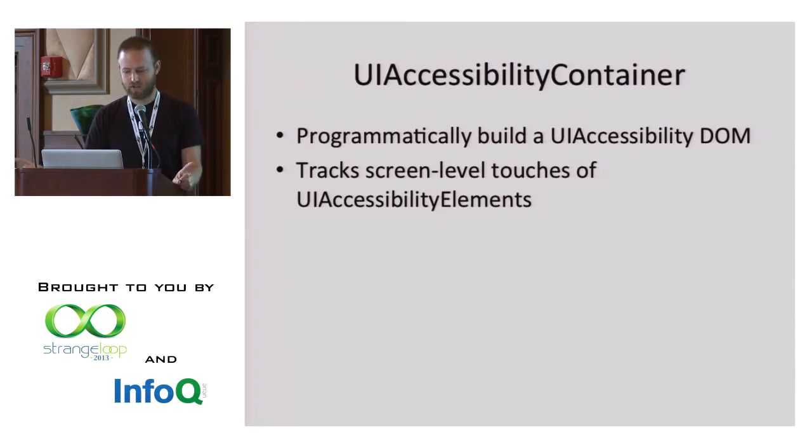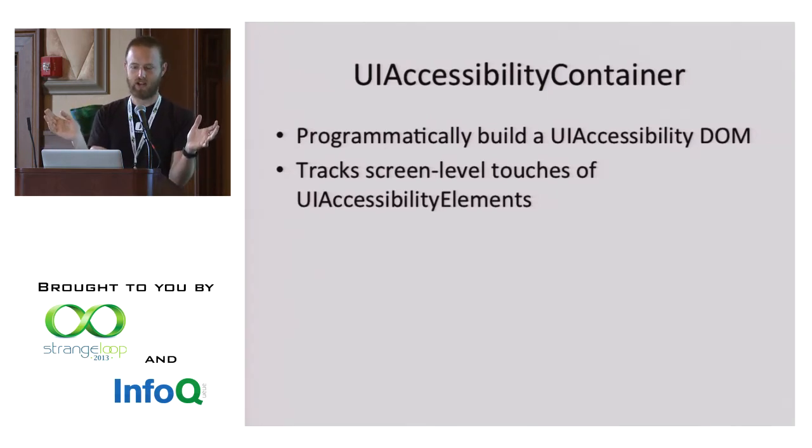So now we're going to get into the cool stuff, which is that with UIAccessibilityContainer, you can build dynamic UIAccessibilityElements, and this is useful for really complex custom controls. If you have a complex custom control or a single very rich content control, like a map, for example, if we were going to build a control that showed the layout of the Strange Loop conference, you would want to have individual sections.